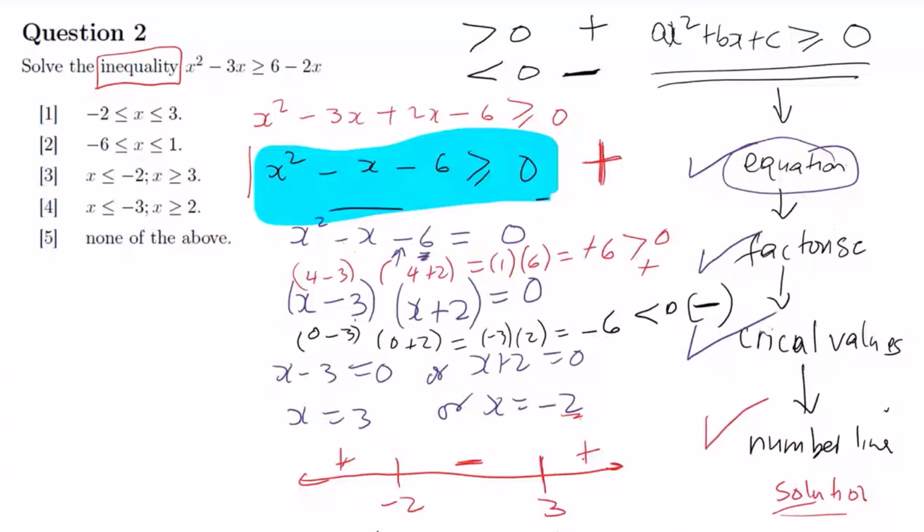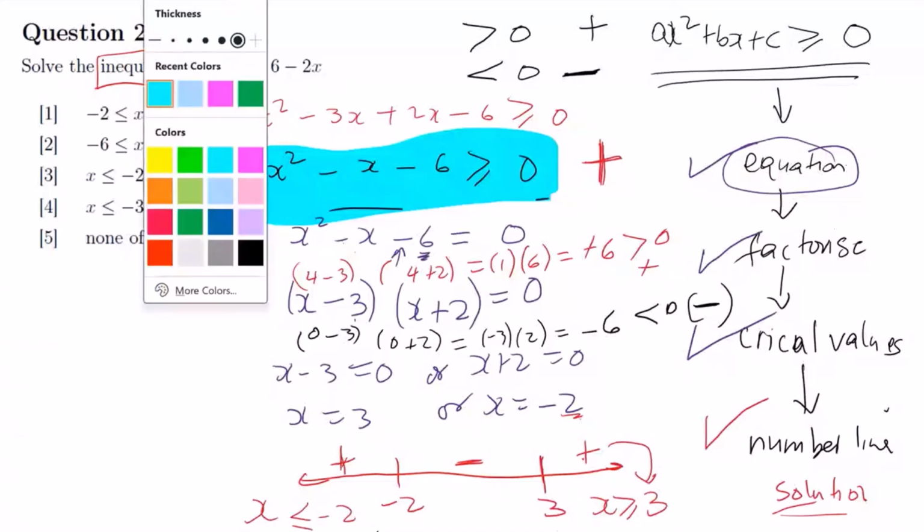So this thing is saying all the values that are greater than or equal to 3 are giving us positive. Any values that are less than or equal to minus 2 are giving us positive in our number line.